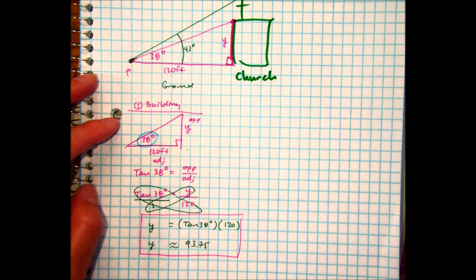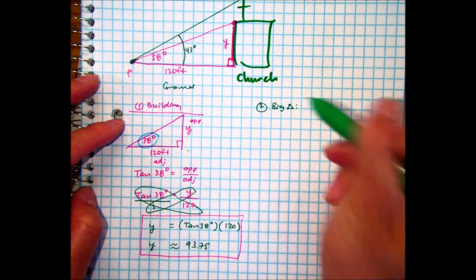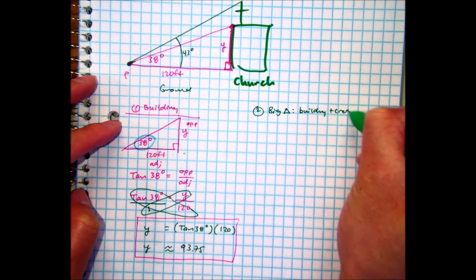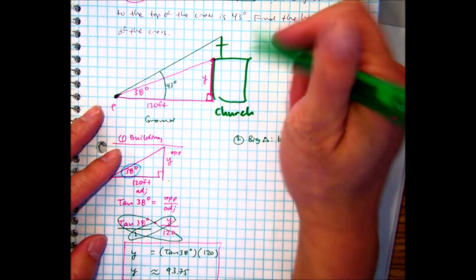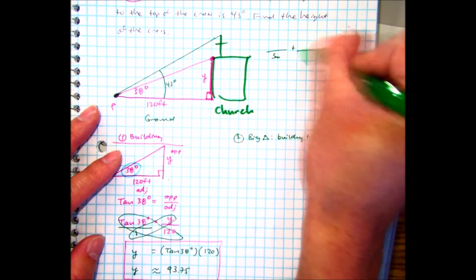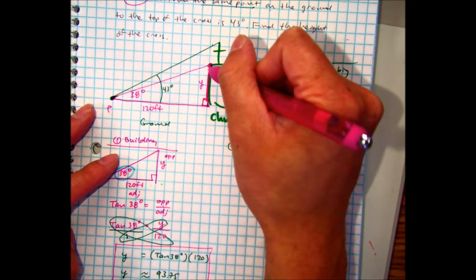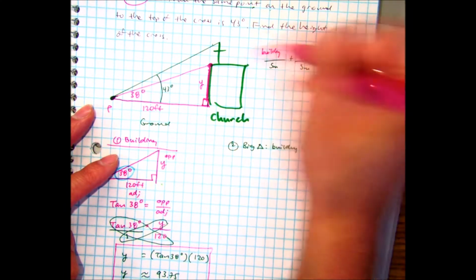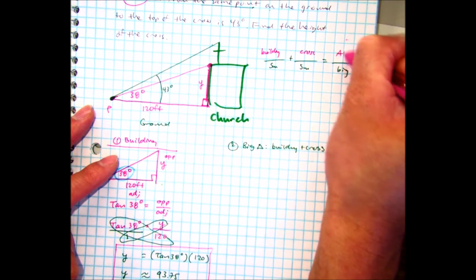Now, I'm going to find the height of the big triangle, which is the building plus the cross. If you go back to geometry again, they had something called the segment addition postulate. Small plus small equals the big. So this helps you. My small is the building, the church, plus the cross equals the big, all of it.